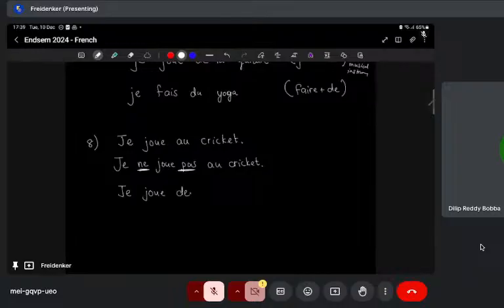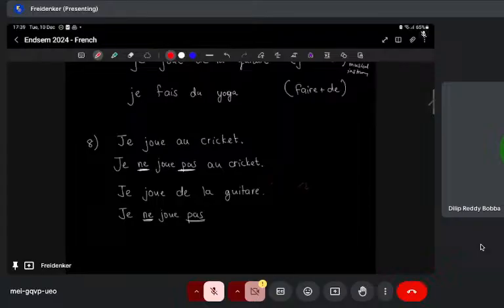I'm using the same example. I'm running out of ideas. If you convert this to negative, do the same thing first: je ne joue pas. Now there's this rule, no?